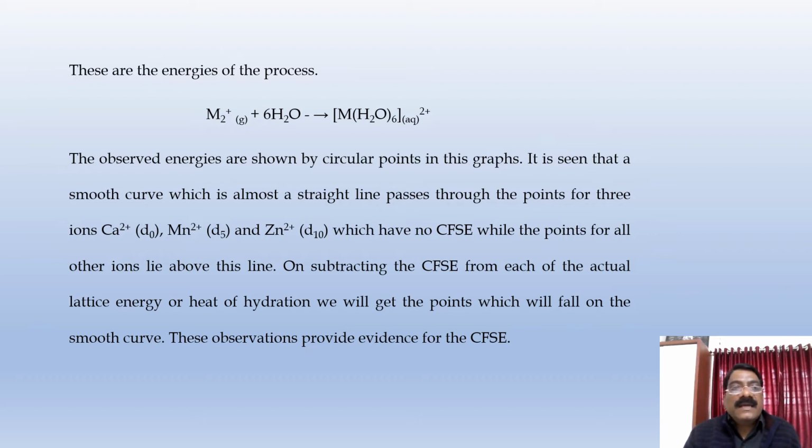It is seen that the smooth curve, which is almost a straight line, passes through the points for 3 ions, that is Ca2+, Mn2+ and Zn2+, which have no CFSE, while the points for all the other ions lie above the line. On subtracting CFSE from each of the actual lattice energy or heat of hydration, we get the points which fall on the smooth curve.